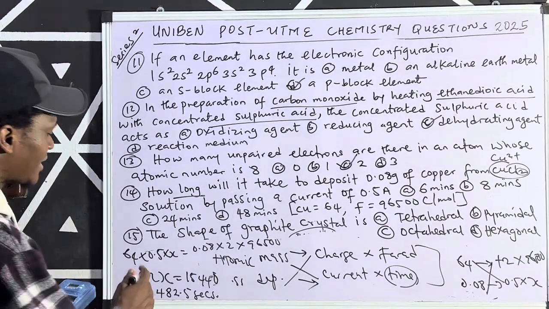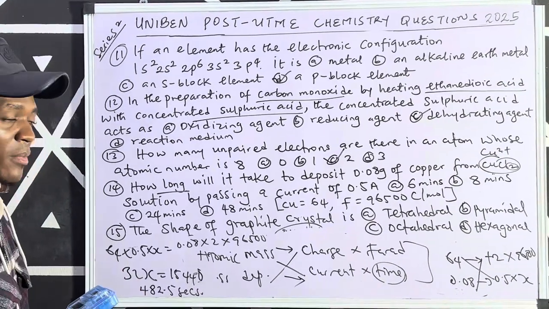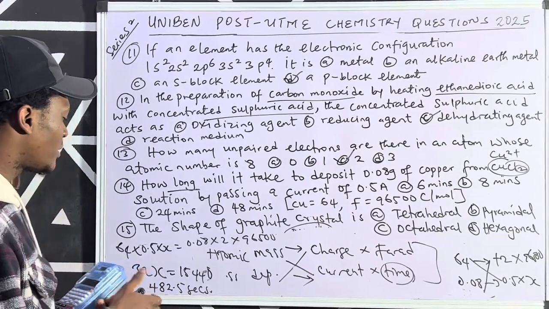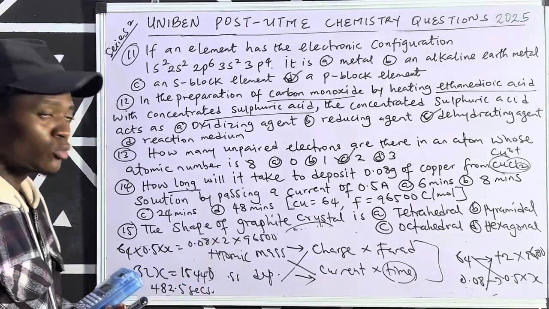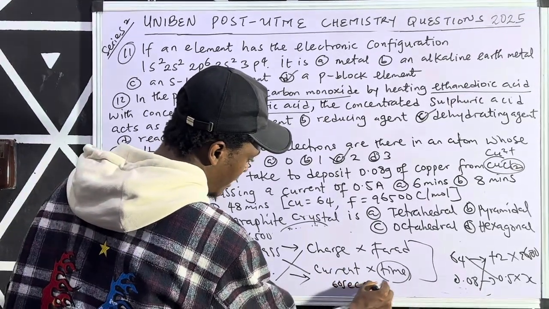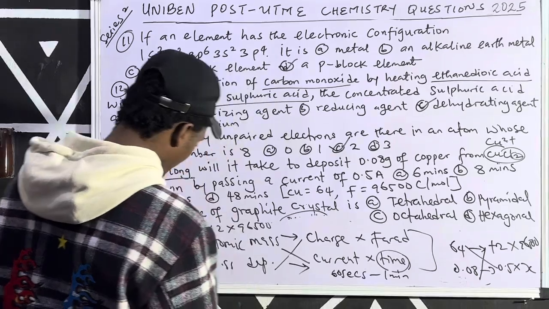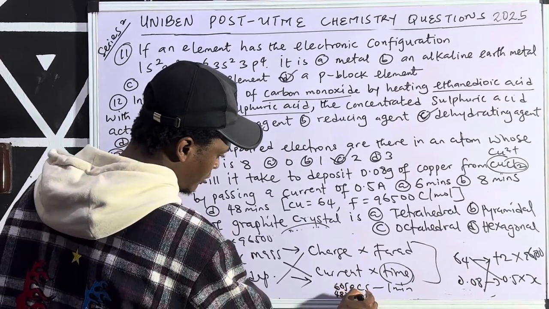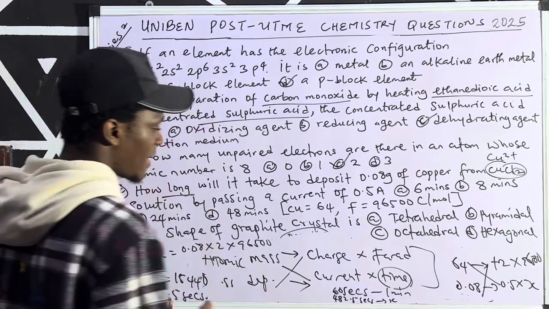So for us to convert this to minutes, remember that 60 seconds make a minute. So how do we now convert this to minutes? If 60 seconds make a minute, then 482.5 seconds will make how many minutes? That's the question.